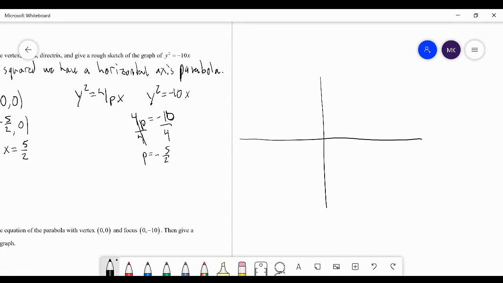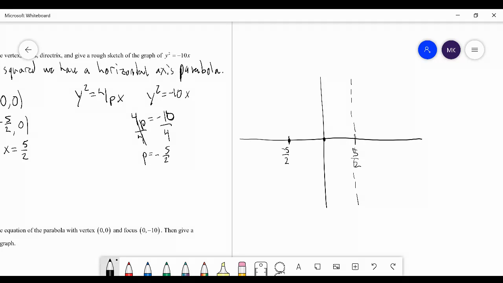So right about here is negative 5 halves, and right about here is positive 5 halves. So this is our directrix here, and this is our focus. We know our vertex is here.